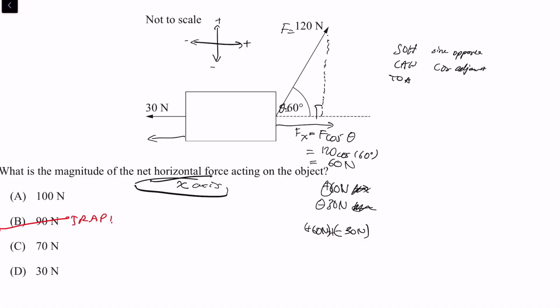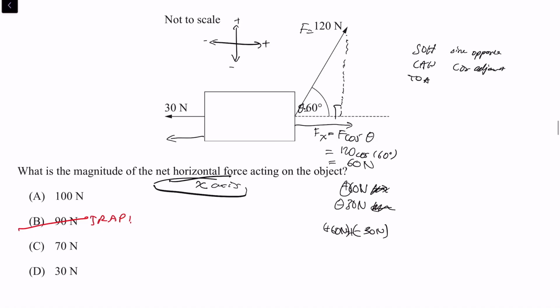So 60 plus minus 30 is just going to be a net horizontal force of 30 newtons. Okay, and it's asking for the net, so it's really just a positive number because it's just asking how much horizontal force is acting, like the magnitude of it. That's what it's asking, magnitude, not necessarily direction.